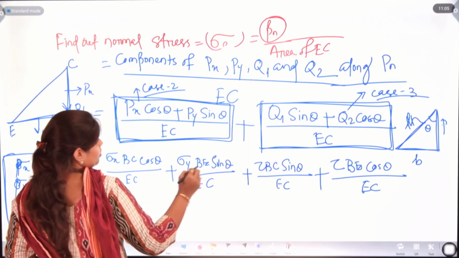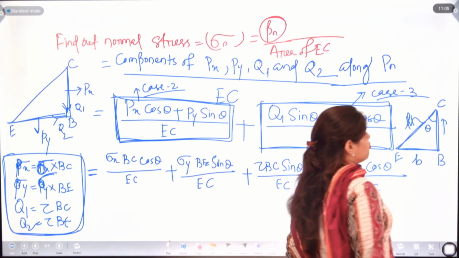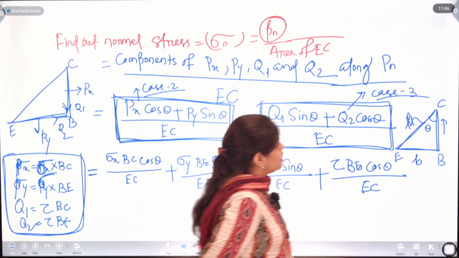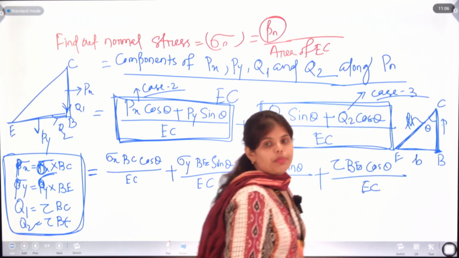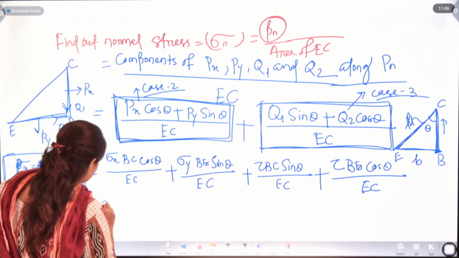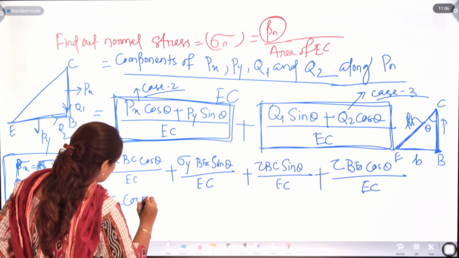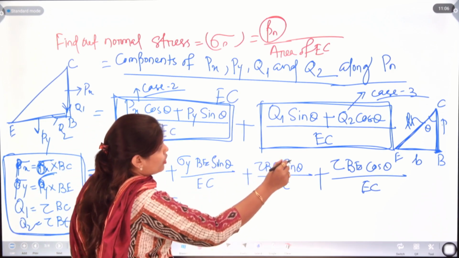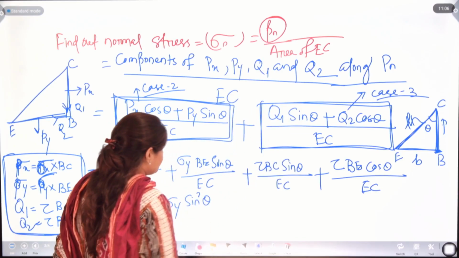So, we can say BC upon EC, that is base by hypotenuse, is nothing but cos theta, and if we multiply cos theta with cos theta, we have sigma x cos square theta plus sigma y BE upon EC, perpendicular upon hypotenuse, sigma y sin square theta.